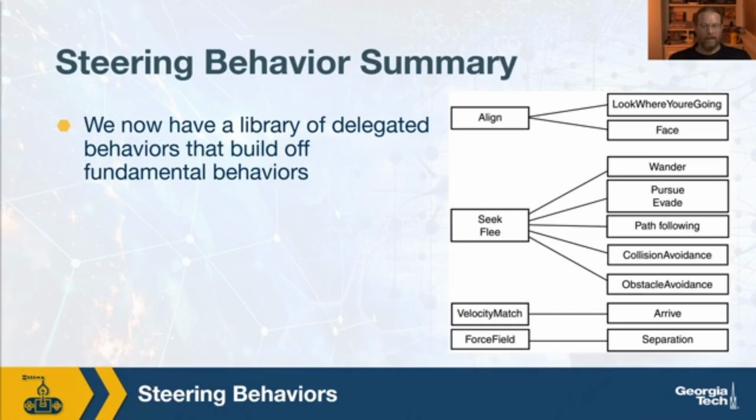So we now have a library of these delegated behaviors that were built off of the fundamental behaviors. And so from a line, we've got look where the agent's going and facing a target. There's also the seek or flee, which allows for creation of wandering, pursuit and evasion, path following, collision avoidance, obstacle avoidance.